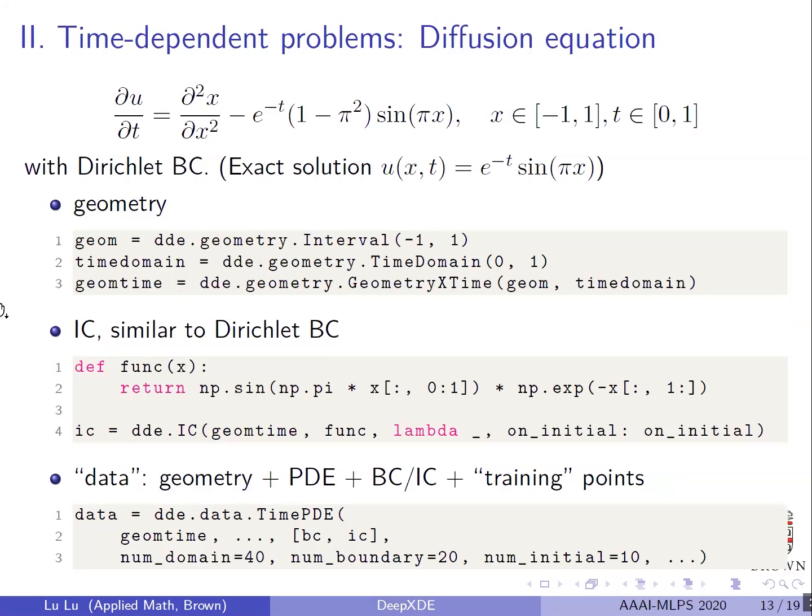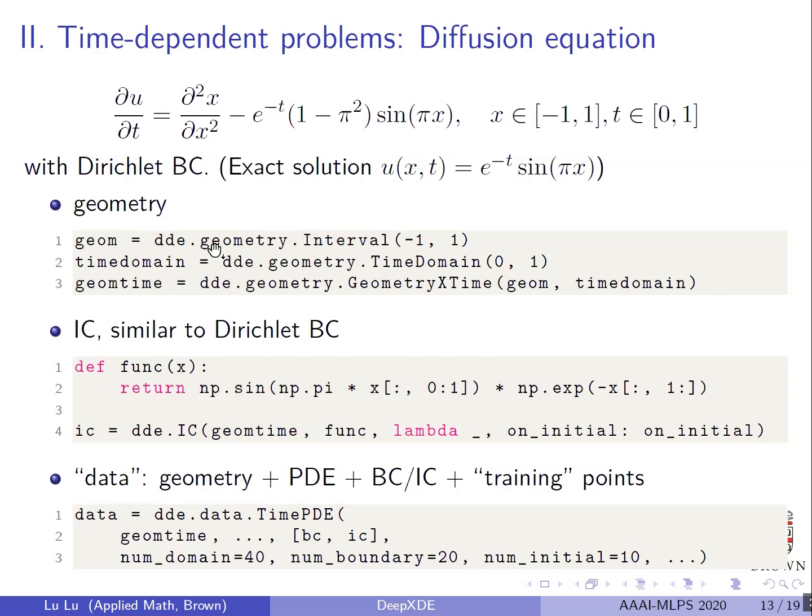Then we go from a time-independent problem to a time-dependent problem. Let's consider a diffusion equation in 1D space and also 1D time. There are only 3 components that are different from the previous problem. So first, the geometry is a time-space domain.